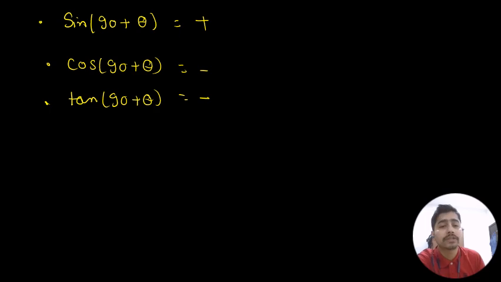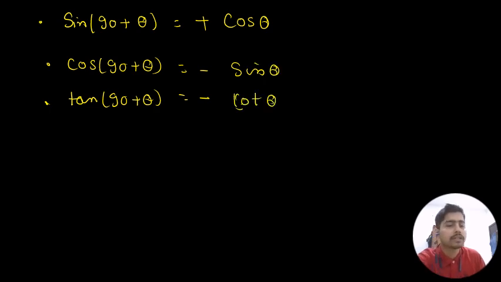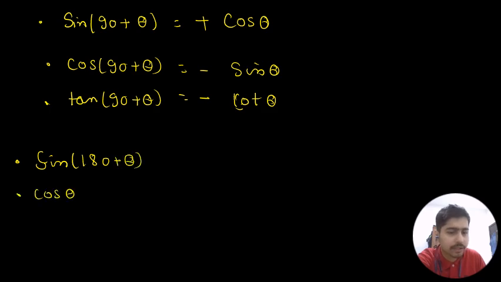For 90 plus theta, it is an odd multiple, so sine will change into cos, cos will change into sine, and tan will change into cot. Similarly, for the third quadrant we can write sine of 180 plus theta, cos of 180 plus theta, and tan of 180 plus theta.